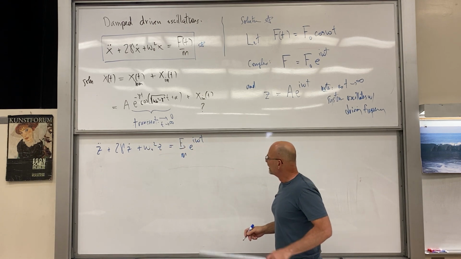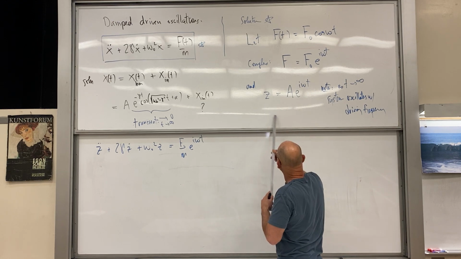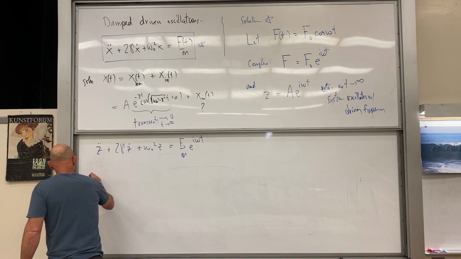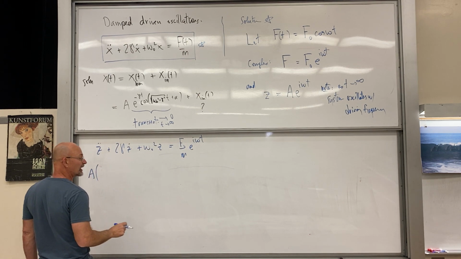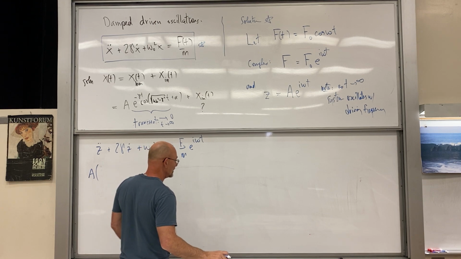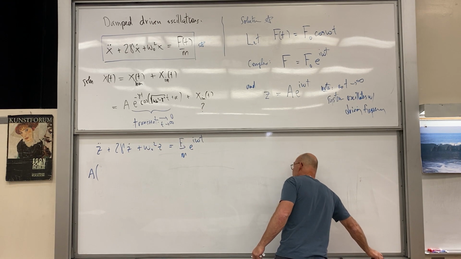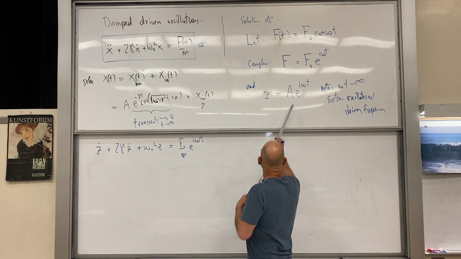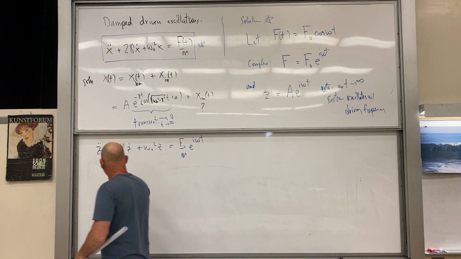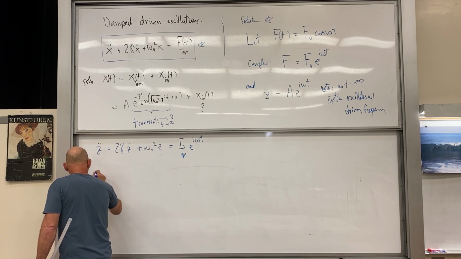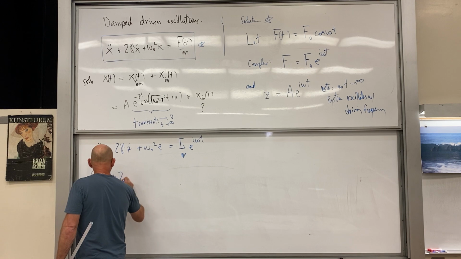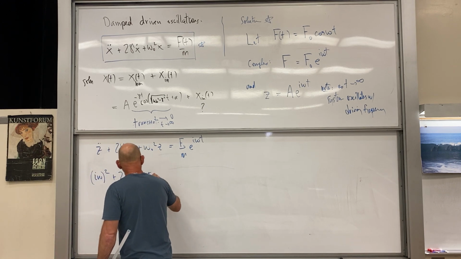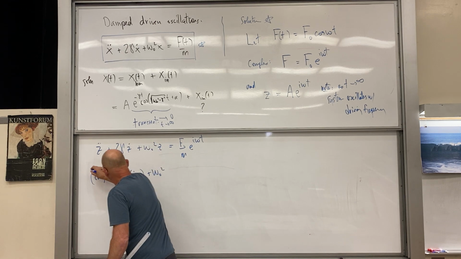Okay. So with this trial solution, we have a times, because a is going to be common to all of these, we have two derivatives, so I omega squared, plus 2 gamma, one derivative, I omega, plus omega naught squared.